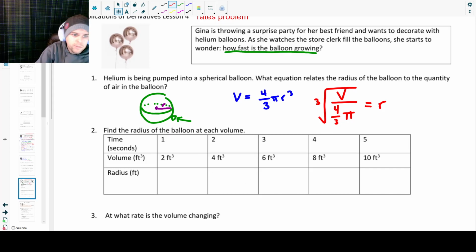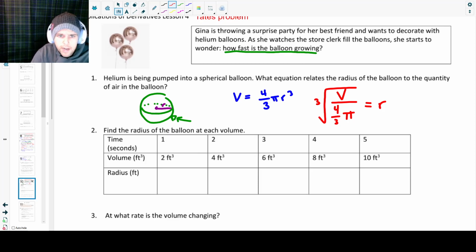I'm going to open up Desmos. Okay. So let me clear away what I currently have. And we'll do cube root of the volume. So we start with a volume of 2, and then 4/3 pi. Okay, so here's our first scenario.